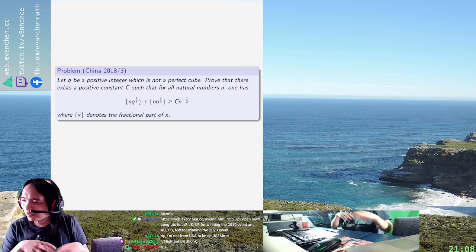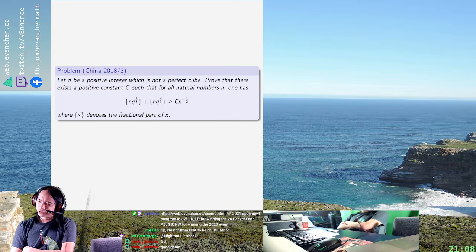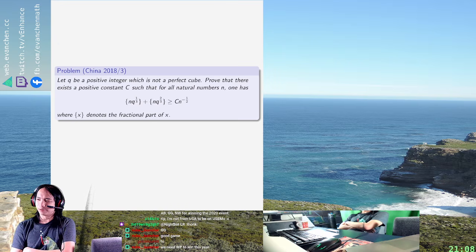How do I tie these together? Do I just write n cube root q as something plus tiny and then see what happens? I feel like that's a really brittle strategy.